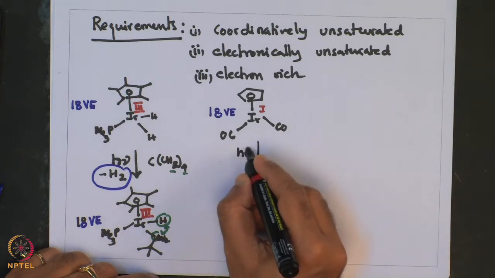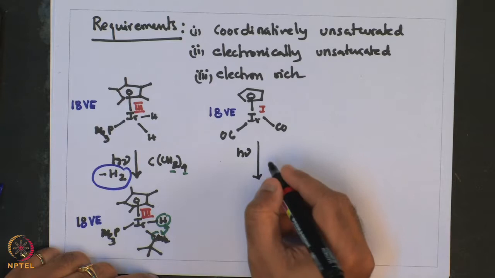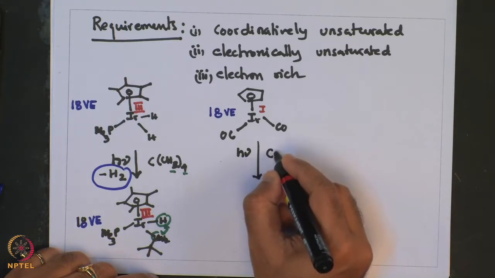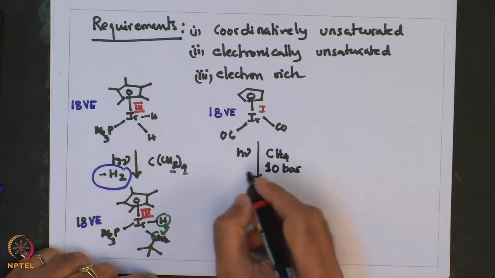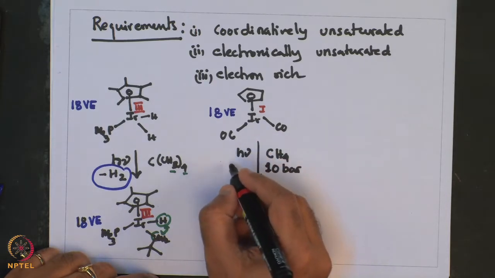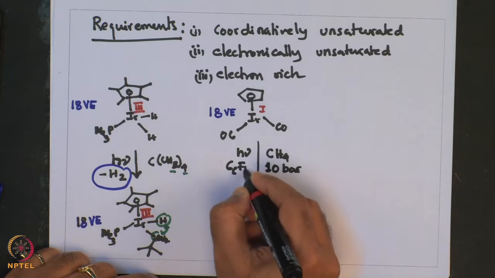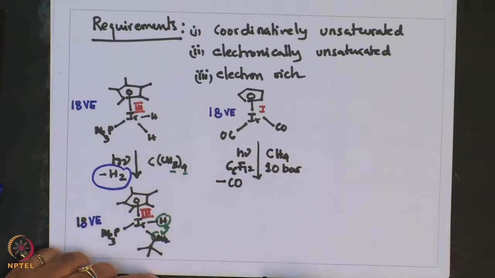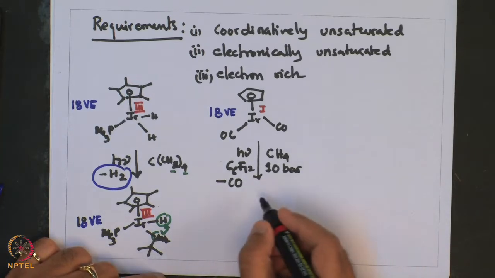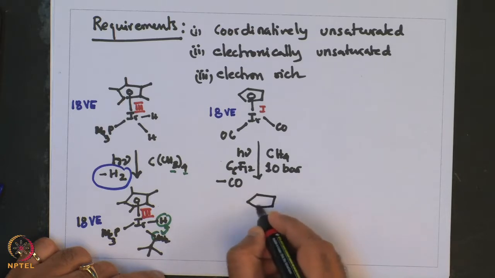light, under high pressure of methane, 10 bar, in C6F12 medium, eliminates one carbon monoxide to give the corresponding 16 electron complex, which is electronically unsaturated, and to that oxidative addition of methane occurs, giving rise to this iridium complex.